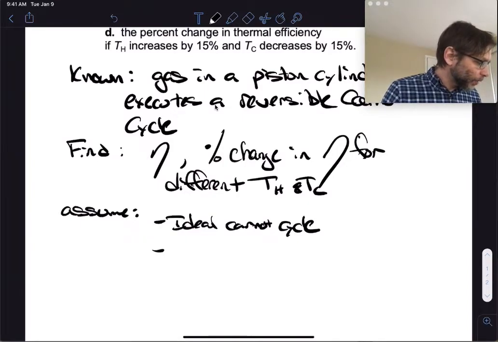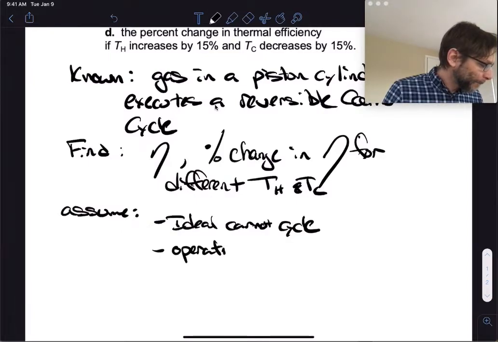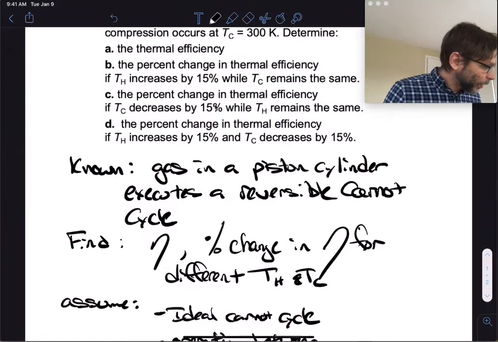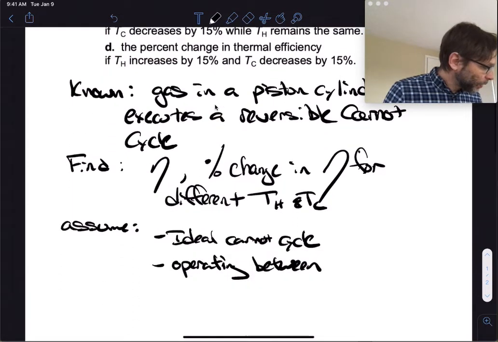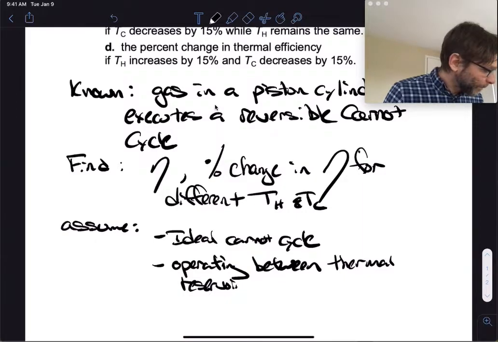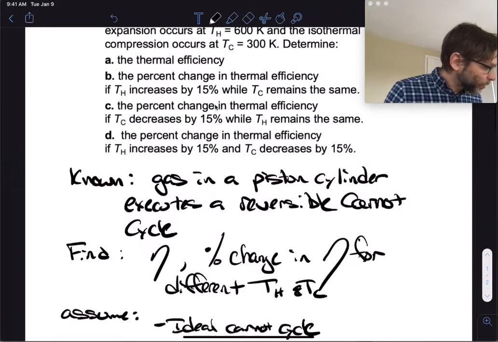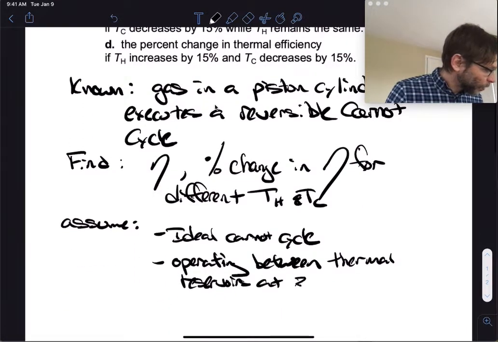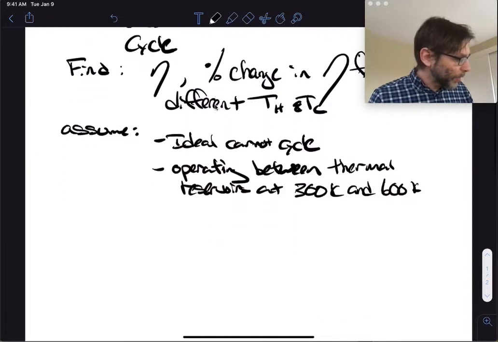The ideal Carnot cycle is operating between thermal reservoirs at 300K and 600K.